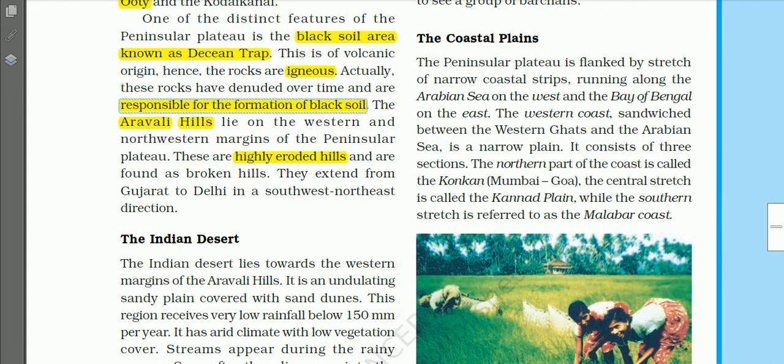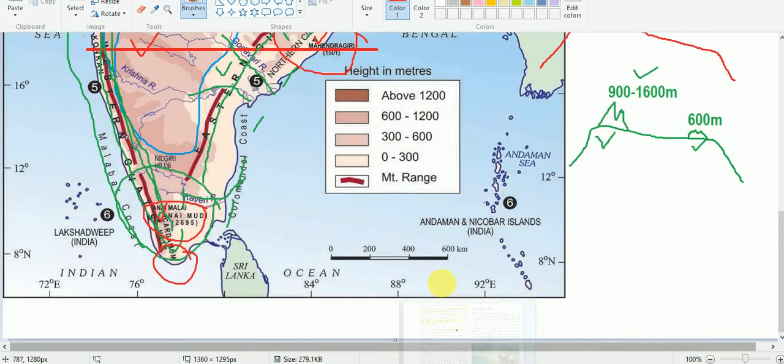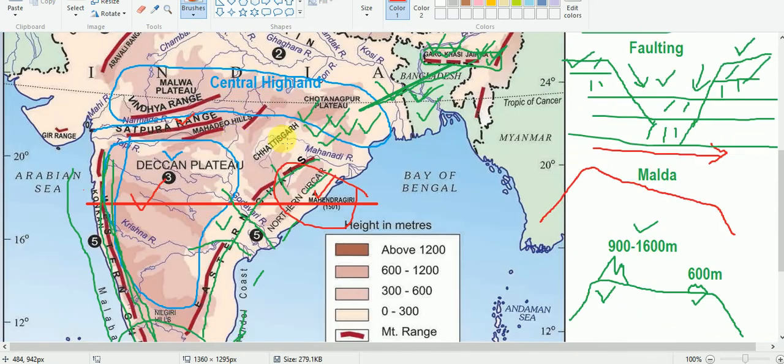So here let me tell you, actually when the Himalayan mountains were uplifted during the Tertiary period, that is between 65 to 75 million years before present, at that time here in the Deccan Plateau, there were huge cracks.